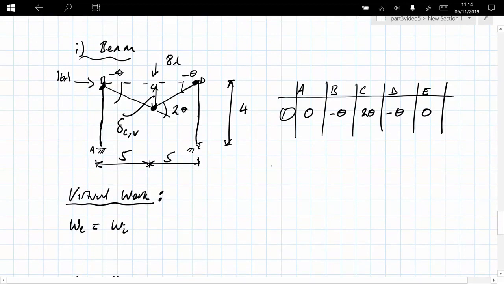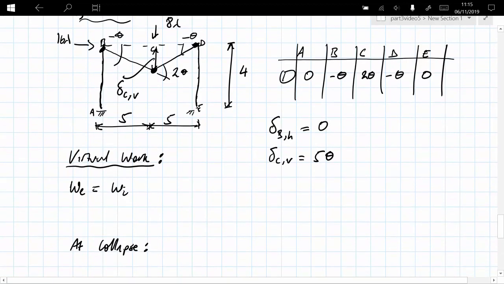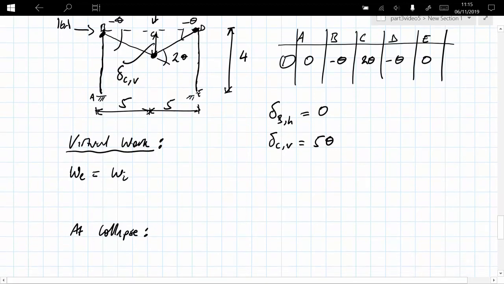Considering first the displacements under the horizontal load at B are 0, and the displacements under the vertical load are just the length of the section that's undergoing the displacement times by the displacement angle, which in this case is 5 times by theta. Considering now the balance of energy, or as we will now call virtual work, we equate the work done by the applied loads with the internal work done at the hinges.